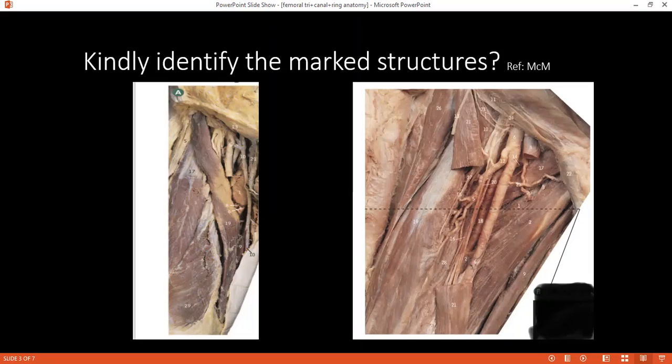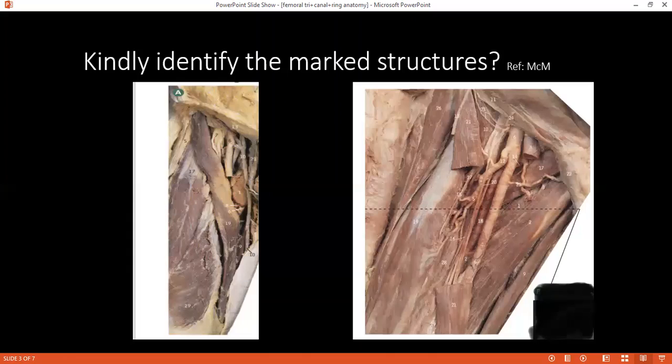How is it different from the midpoint of the inguinal ligament? Or is it the same? No, ma'am. The midpoint of the inguinal ligament is the midpoint between the ASIS and the pubic tubercle. Yes. And the mid-inguinal point is midway from the symphysis pubis to the ASIS.